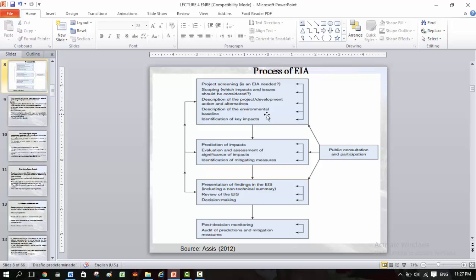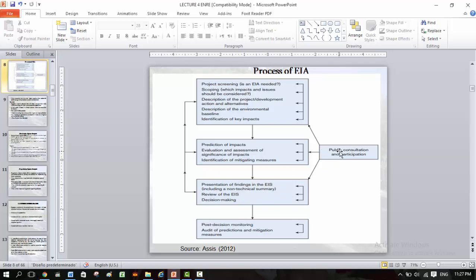Then we proceed toward the prediction of the impacts, that is, what are the expected impacts, evaluation and assessment of the significance of impacts, identification of the mitigating measures, and similarly the presentation of the findings in the environmental impact studies, non-technical summary, a review of the environmental impact studies, and decision making.